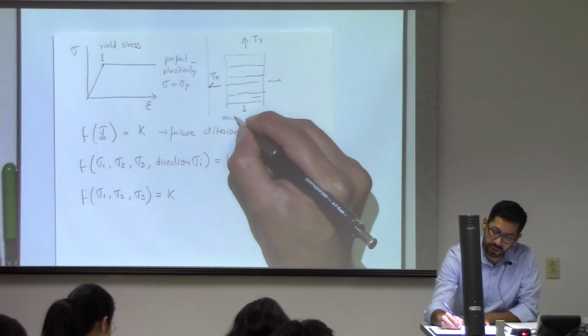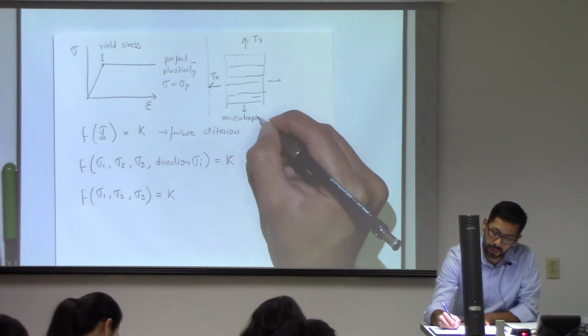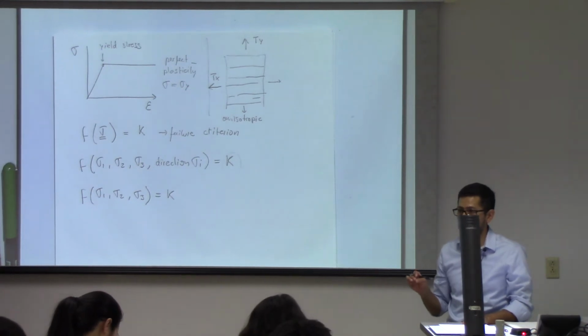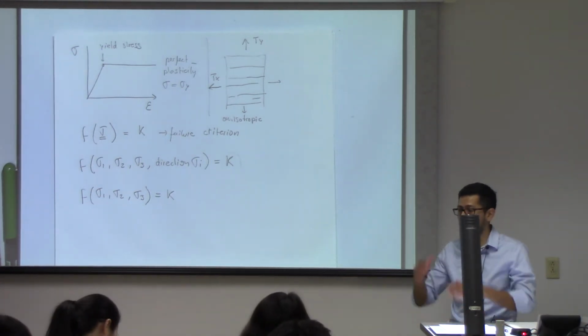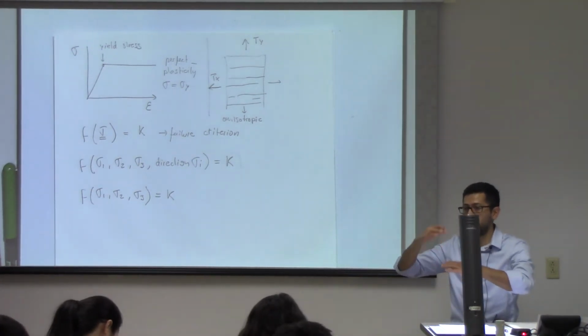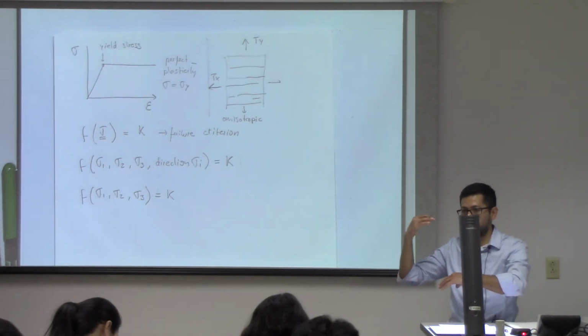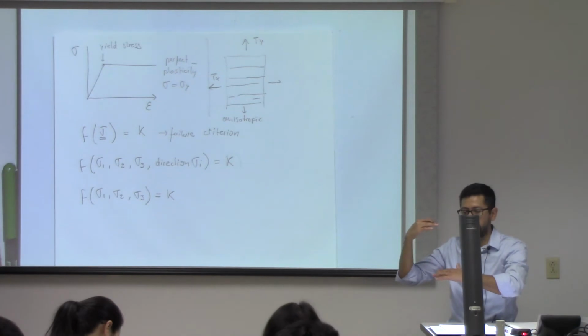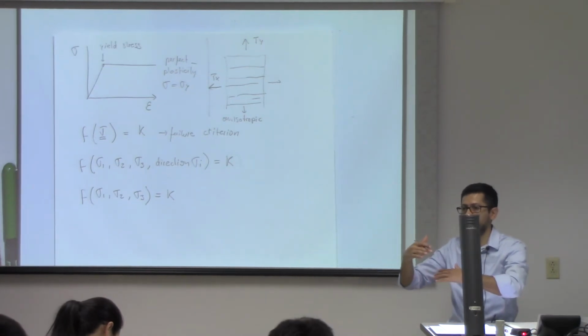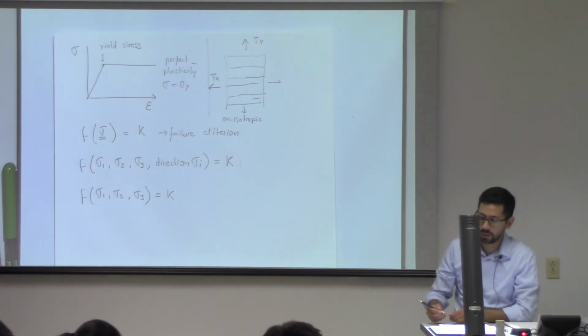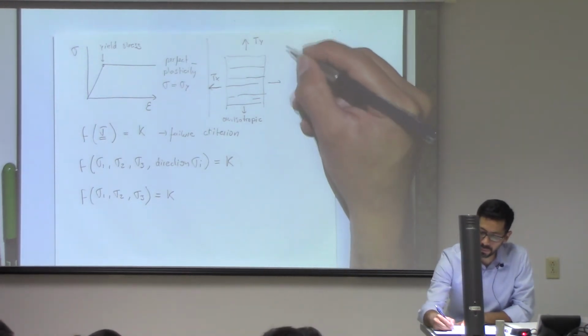And because of that, you not only need to know what the principal stresses are, but you need to know how those principal stresses are oriented with respect to the anisotropy of the material itself. Otherwise, you cannot apply that equation.